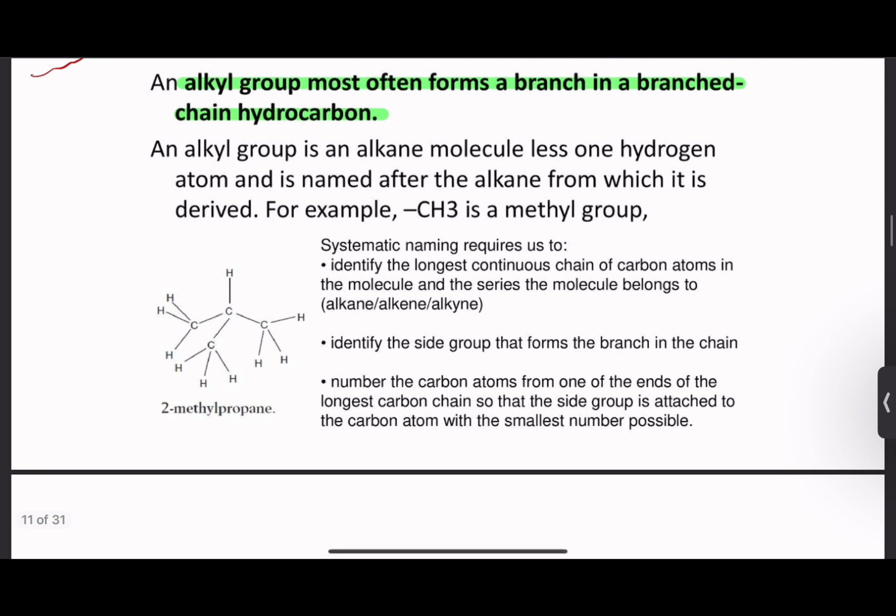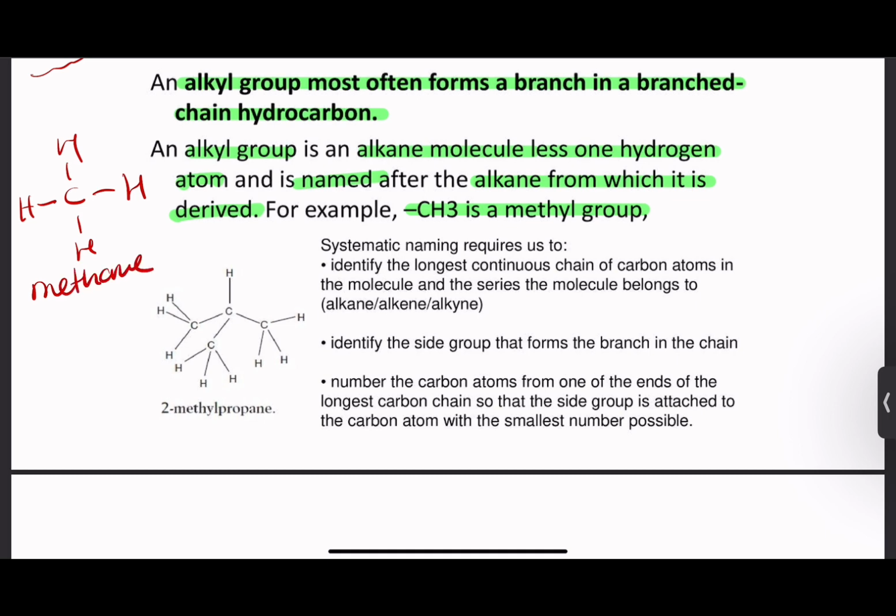Okay, alkyl group. So I want you guys to pay attention over here. An alkyl group is an alkane molecule less 1 hydrogen atom and is named after the alkane from which it is derived. For example, CH3 is a methyl group. If you remember, CH4 with 1 carbon is called methane, right?